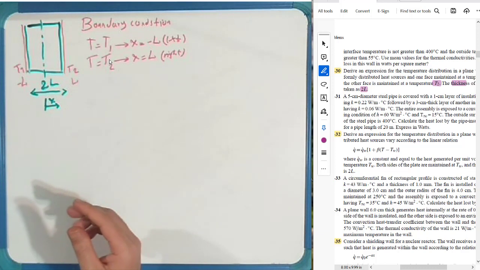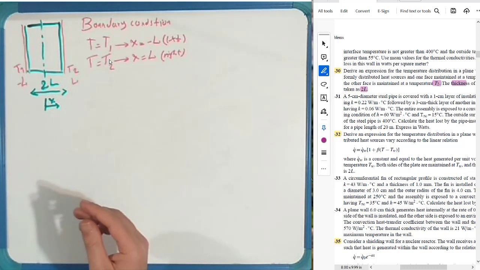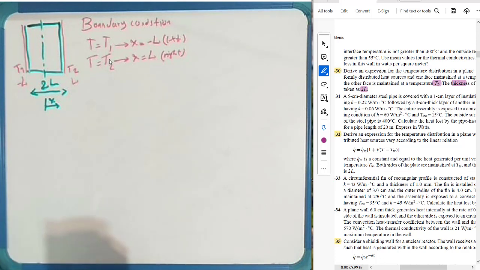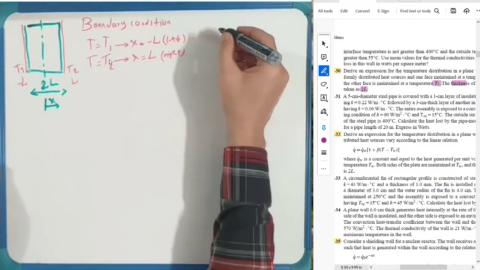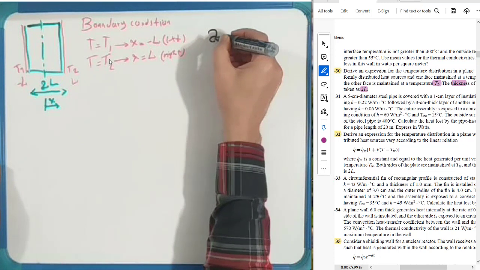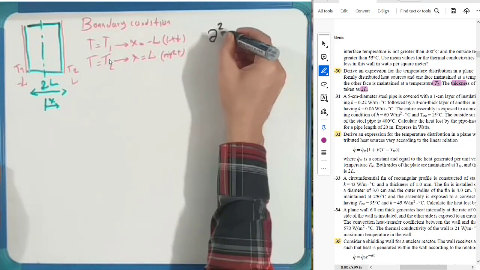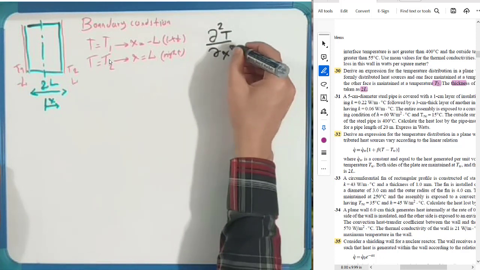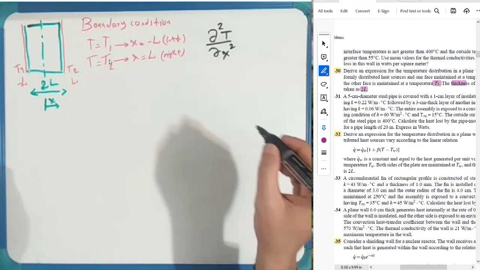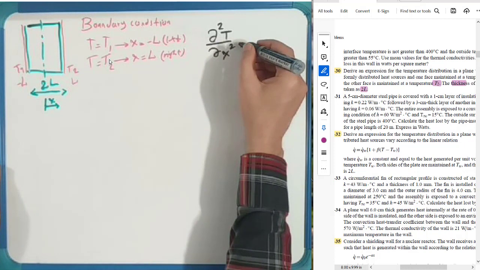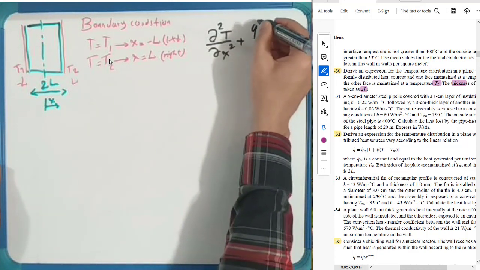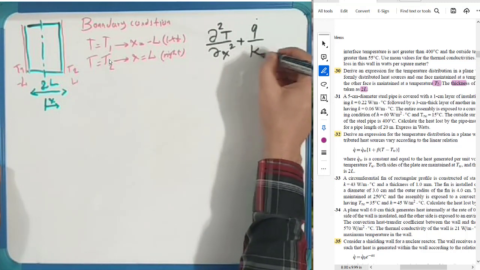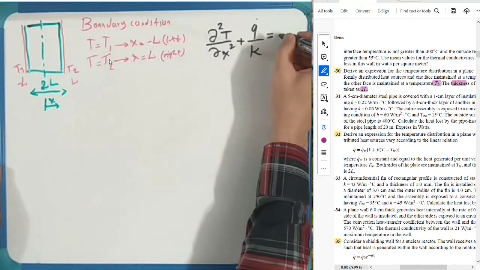For the temperature distribution we should write a formula. Our formula is d squared T over d x squared plus Q dot over K equals 0.